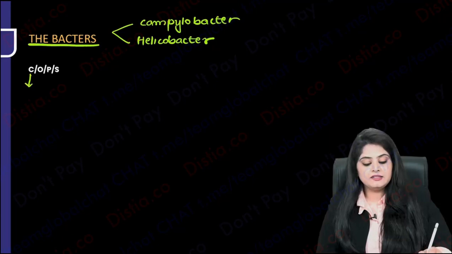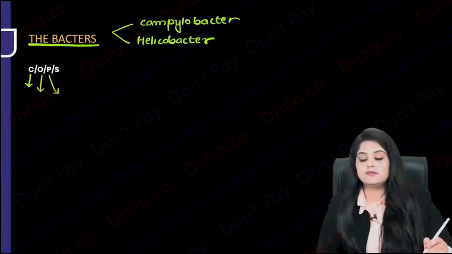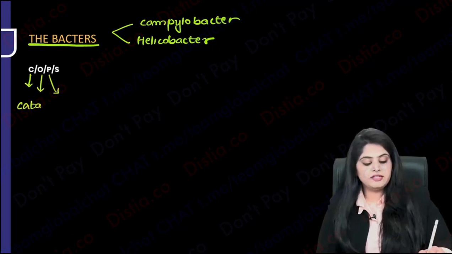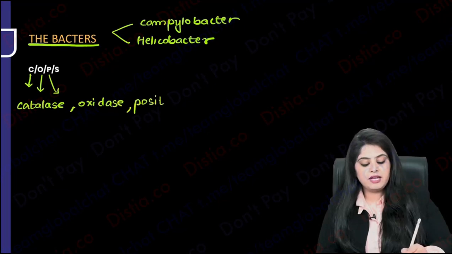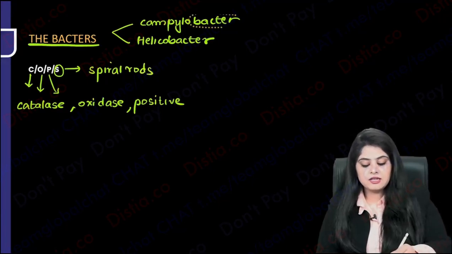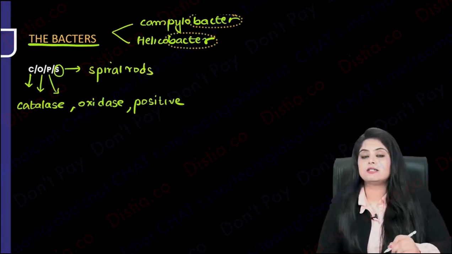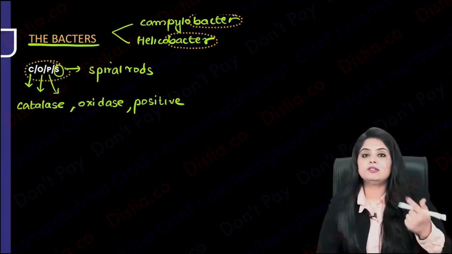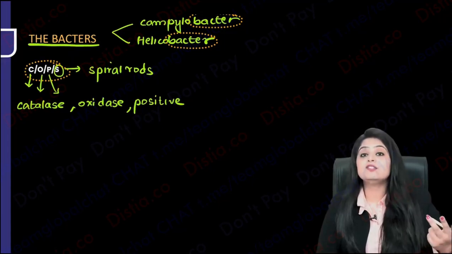They are catalase and oxidase positive. Apart from that, what does the S stand for? All of them are spiral rods. So whenever I use the word bacter, Campylobacter or Helicobacter, you need to know that they are catalase and oxidase positive and they are spiral rods.